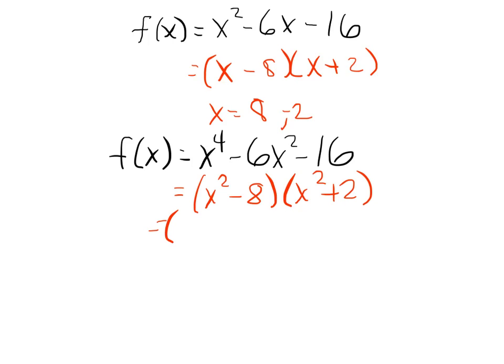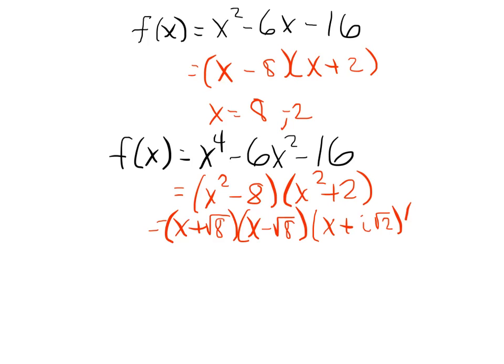So x squared minus 8 can factor into x plus the square root of 8 times x minus the square root of 8, and we can worry about simplifying that further later. And x squared plus 2 can factor into x plus i square root of 2 times x minus i square root of 2. So this is now a product of linear factors.